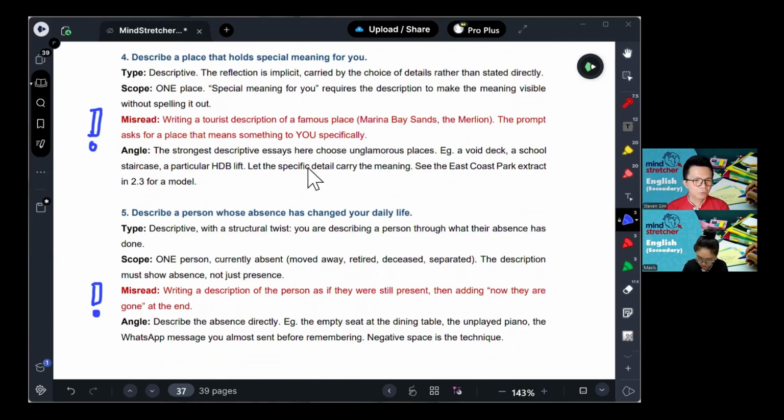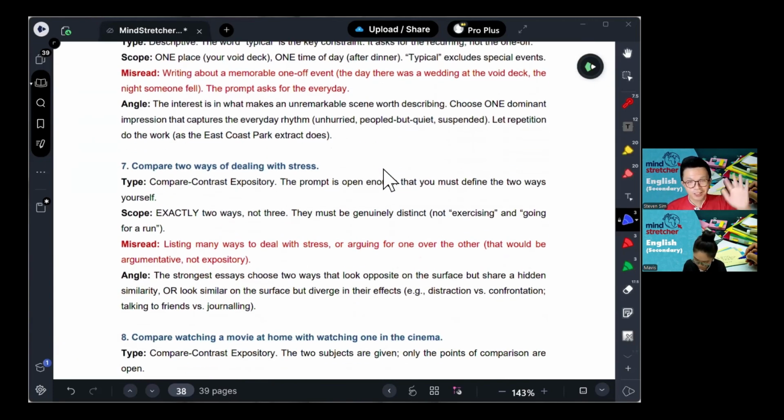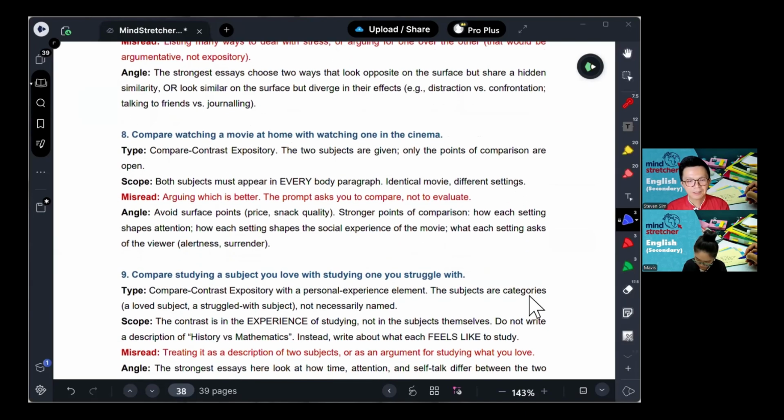Okay, so go read through this before your exam. This actually helps. Oh, okay, so if this comes out, I already have some idea about how to write. You understand? Okay, so this is what this section is all about.